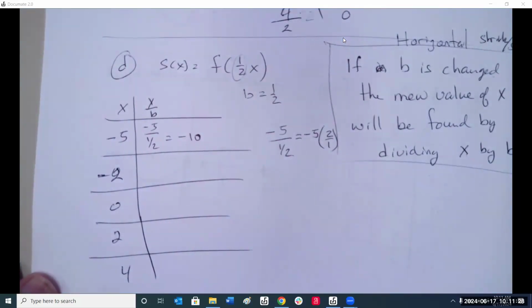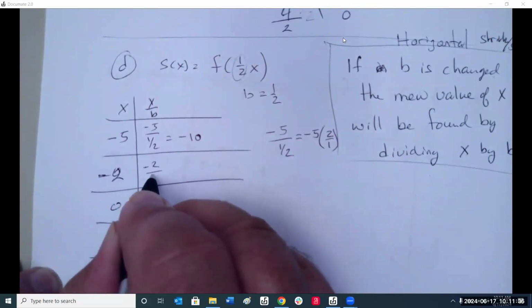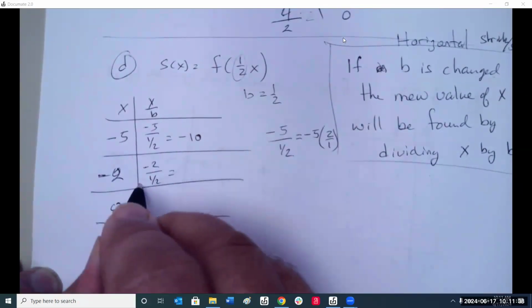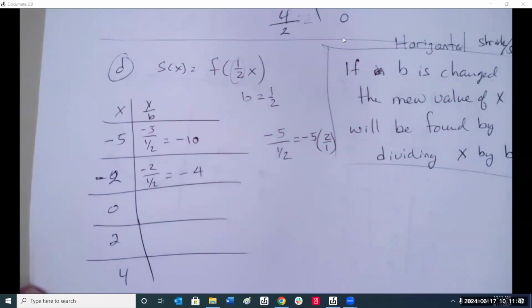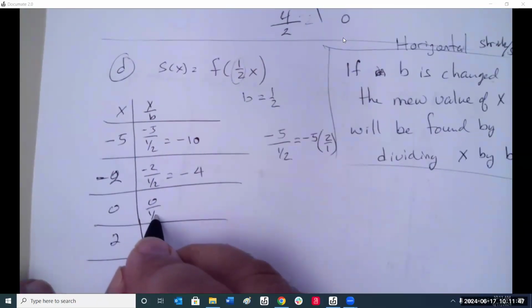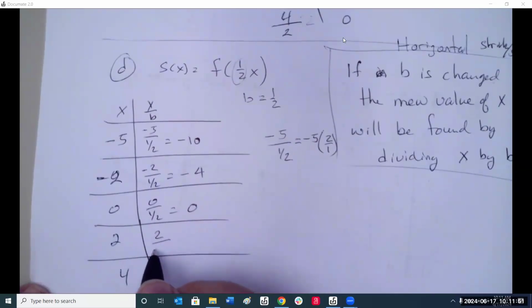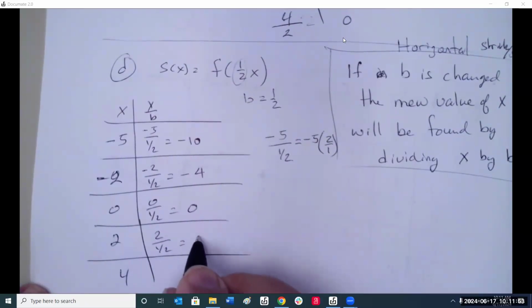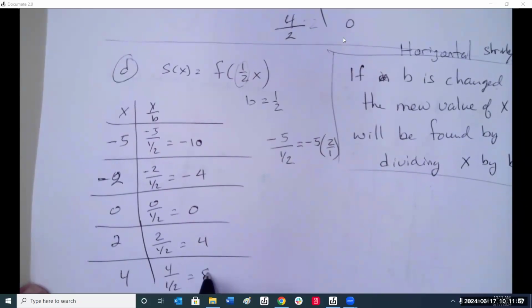So that's my new x value. -2 divided by 1/2, flip the bottom, so it's -4. 0 divided by 1/2 is still 0. 2 divided by 1/2 is 4. 4 divided by 1/2 is 8.